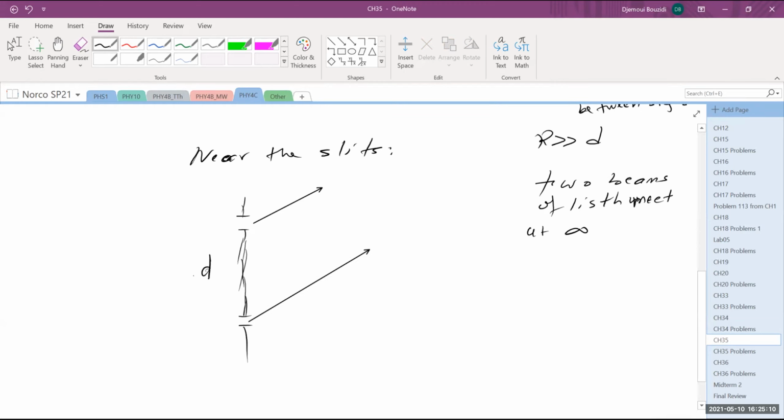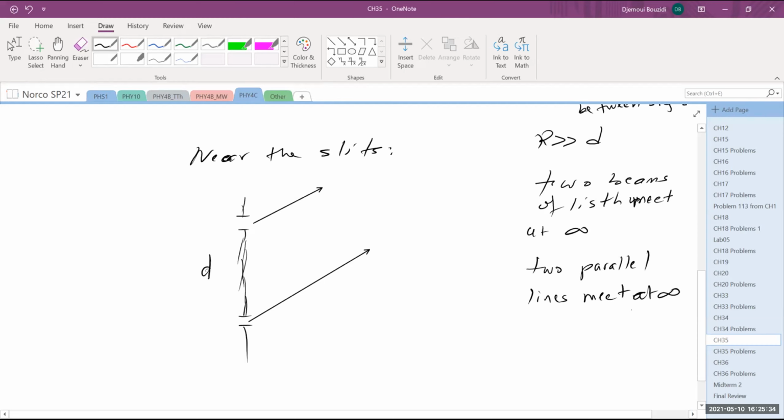By definition, two parallel lines don't meet, or if you wish, they meet at infinity, which means they don't meet, okay? Two parallel lines meet at infinity, meaning they don't meet, because infinity is very far away, basically.